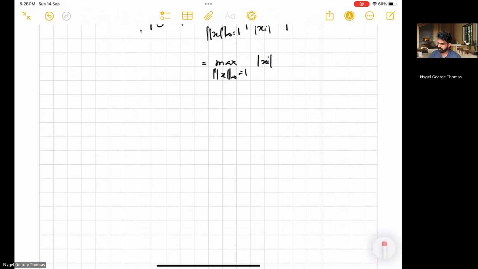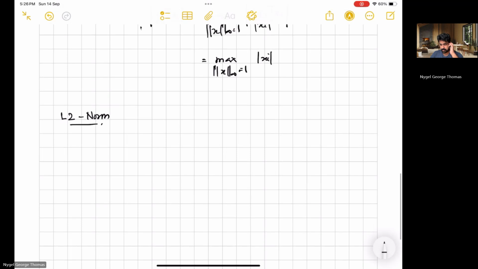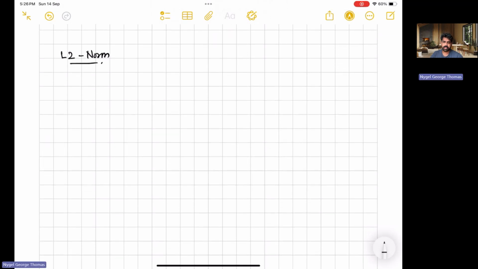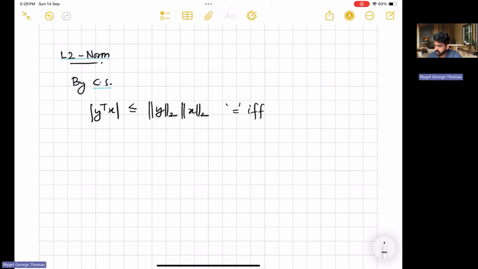Okay, but we can also look at a similar sort of derivation for the L2 norm. For the L2 norm, we have to use Cauchy-Schwarz. By Cauchy-Schwarz, we have the modulus of y transpose x is less than or equal to the L2 norm of y times the L2 norm of x, with equality holding if and only if x is dependent on y.